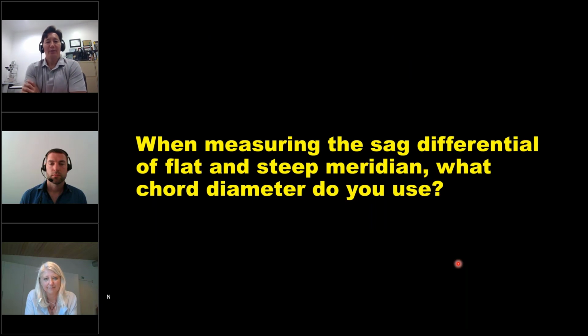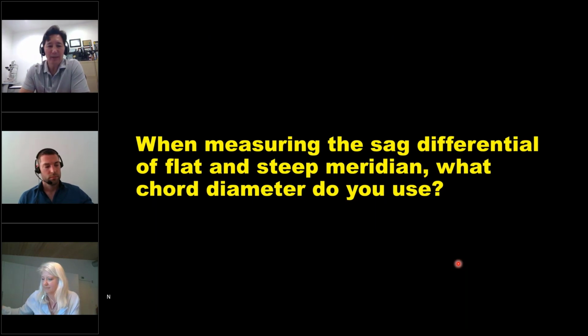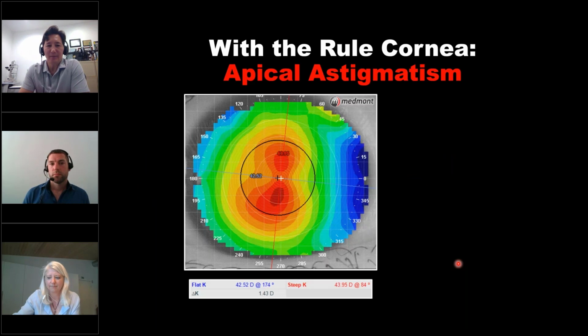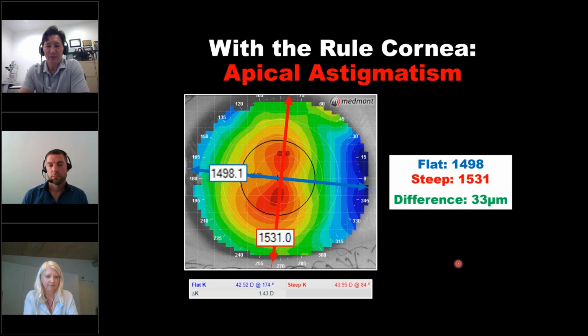This was a question: when measuring the sagittal differential of the flat and steep meridian, what chord diameter do you use? And here you see a slide that we presented previously where we measured the flat, we measured the steep, and we found the difference was 33 microns between those two meridians.